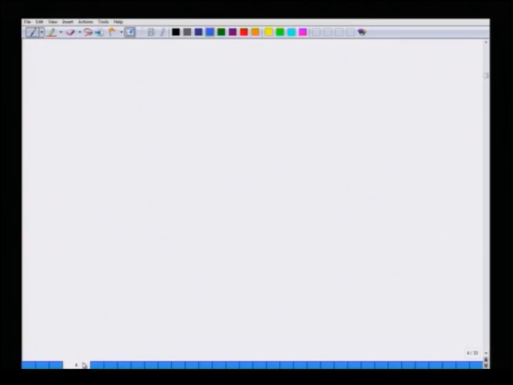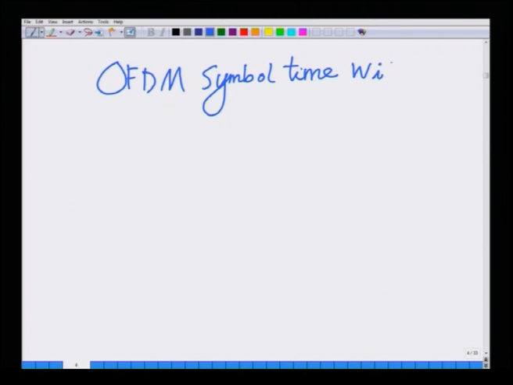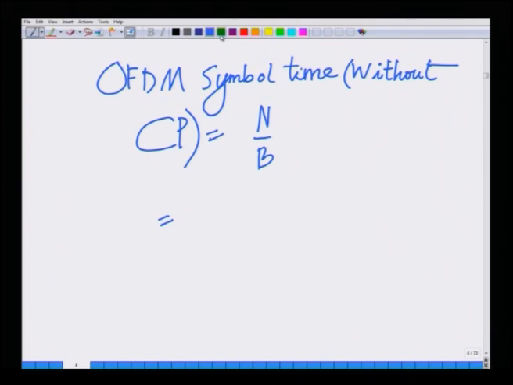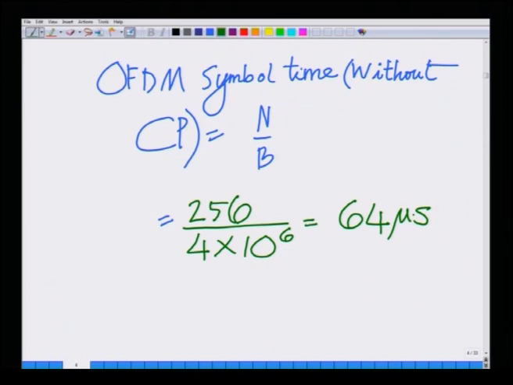The OFDM symbol time without cyclic prefix is nothing but N over B, which is 256 divided by 4 megahertz, that is 4 into 10 to the power of 6 hertz, which is nothing but 64 microseconds.